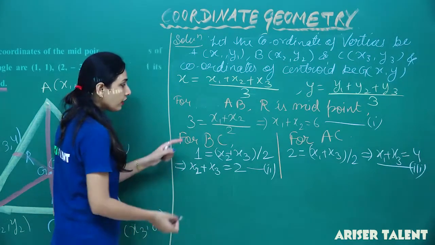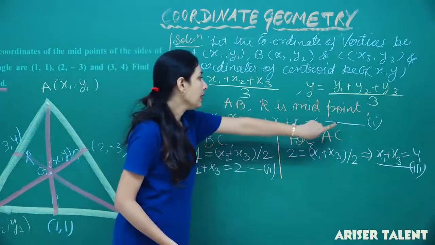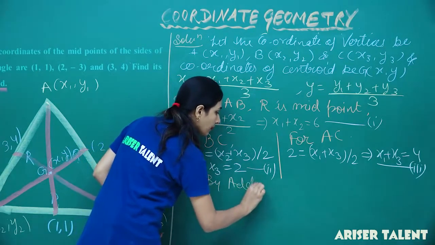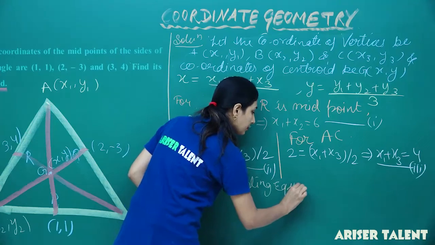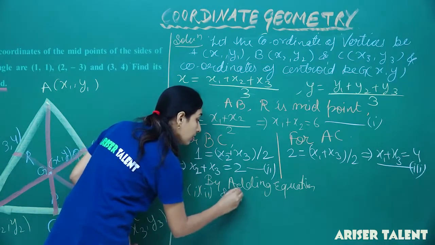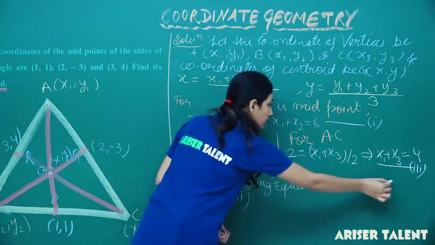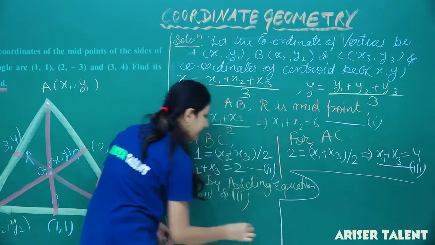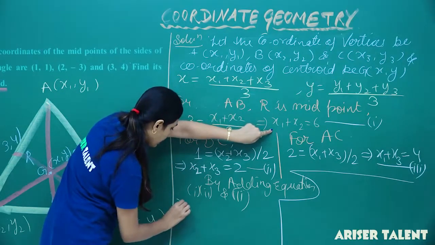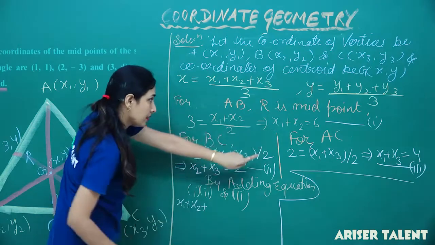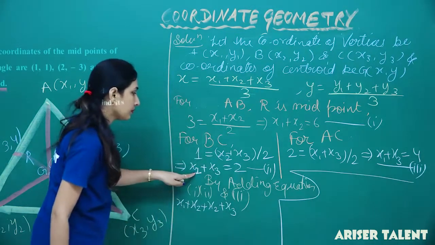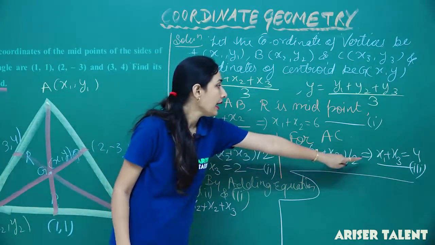Right. Here, student, what I'll do, I'll just sum the first, second and third equations by adding equations 1, 2 and 3. Look what I am finding here: this is x1 plus x2, plus the second equation x2 plus x3, and here x1 plus x3.